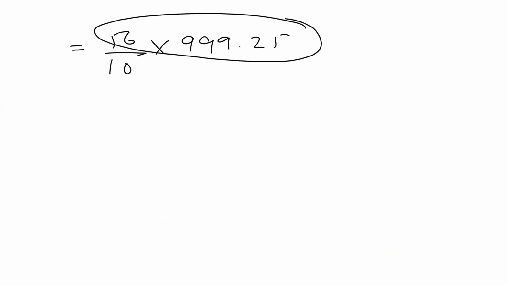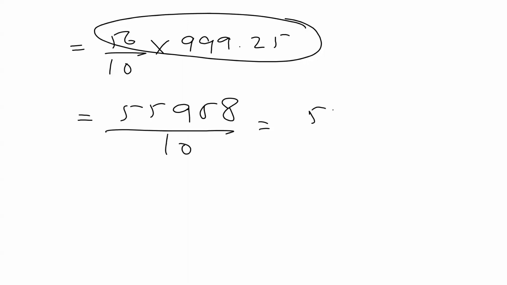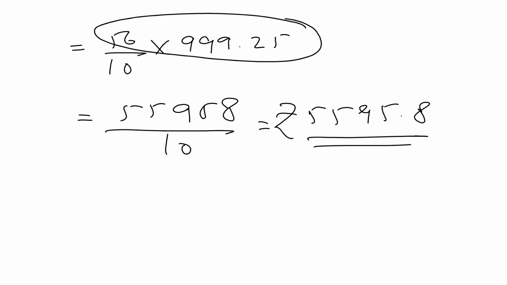So if you multiply 999.25 into 56, that will be 55958 upon 10. So that will be 5595.8. That's how we calculate the premium. So this is the amount of premium.